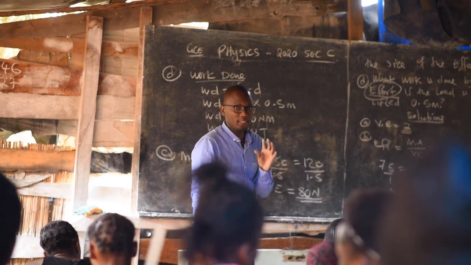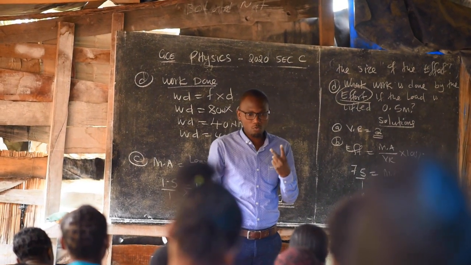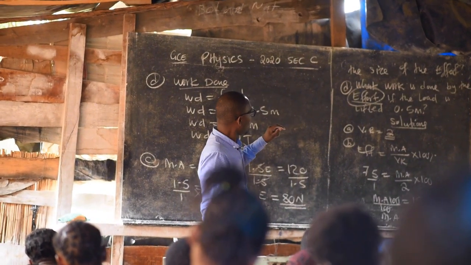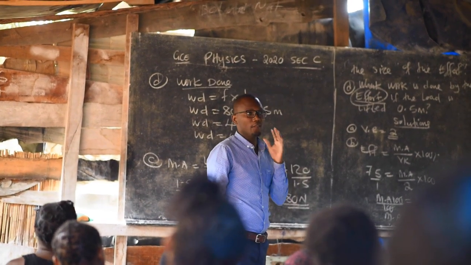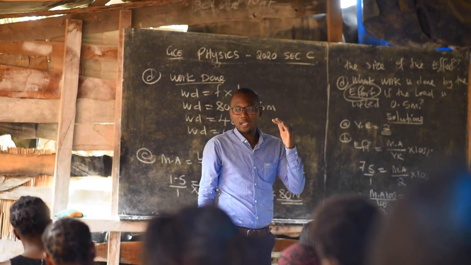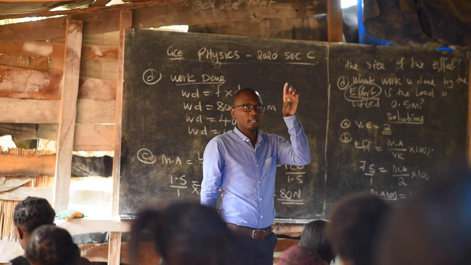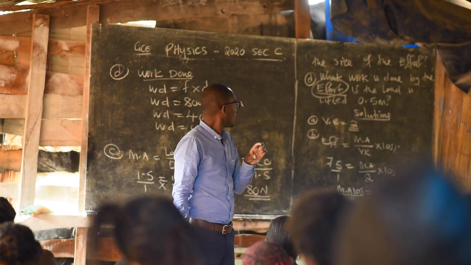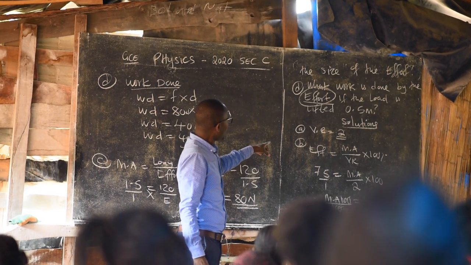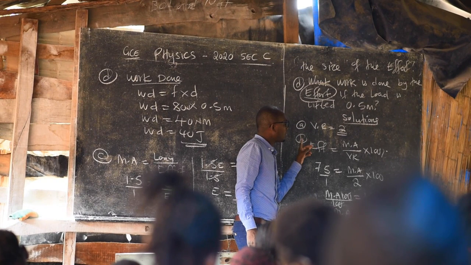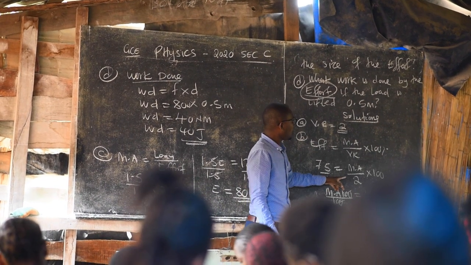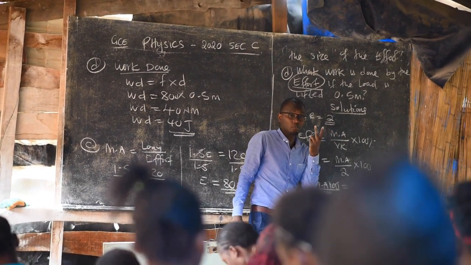Remember, in physics, each calculation carries how many marks? 2. So you'll be able to see that the first question was just asking how much the velocity ratio was. You just counted how many ropes or tackles there were. Is that okay? And then efficiency. They gave us an efficiency of 75, and we calculated the velocity ratio to be 2.